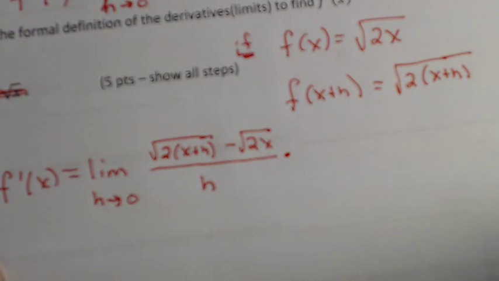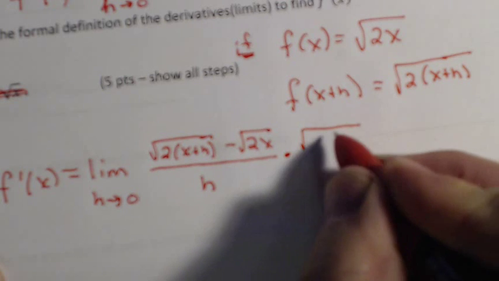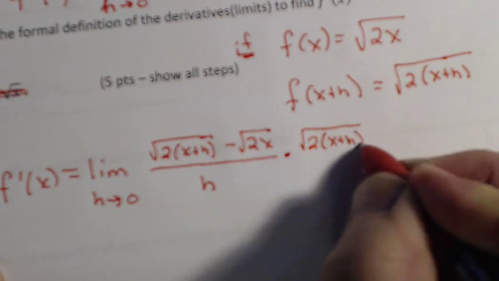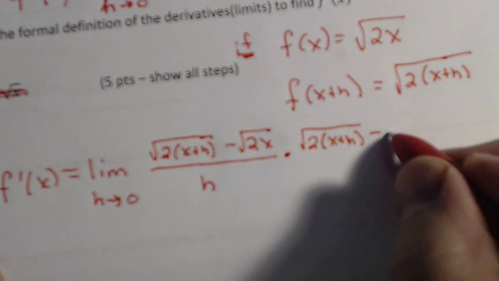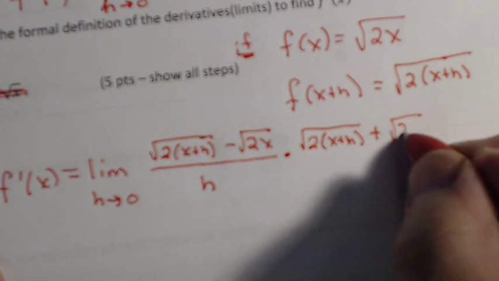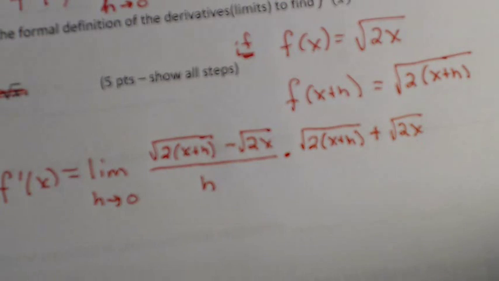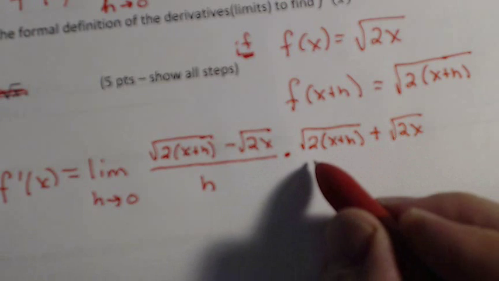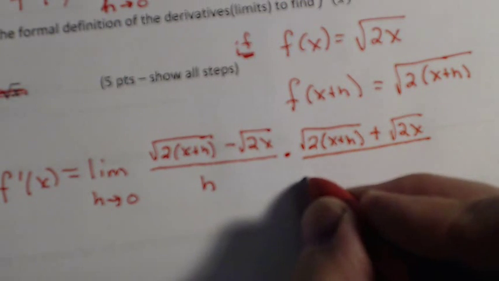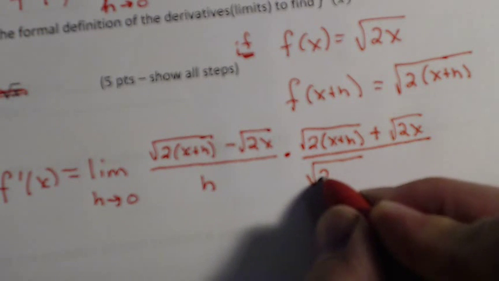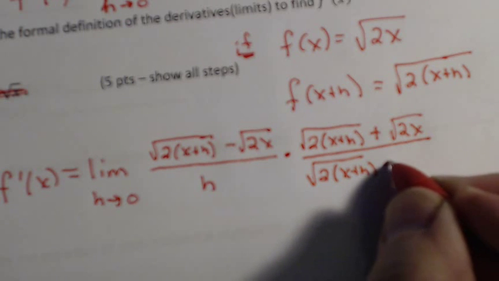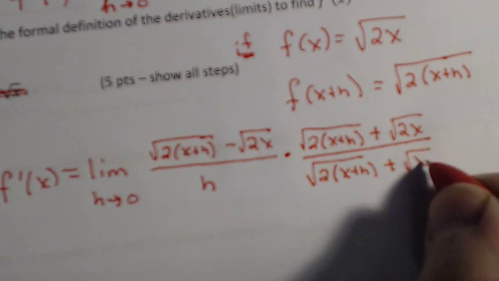So I'm going to multiply by the square root of 2 times the quantity x plus h, plus, because we did minus before, the square root of 2x. Now you can't just multiply by something without changing the value of the fraction unless you do it top and bottom. Then you're multiplying by 1 in a fancy form. So this will be the square root of 2 times the quantity x plus h plus the square root of 2x.